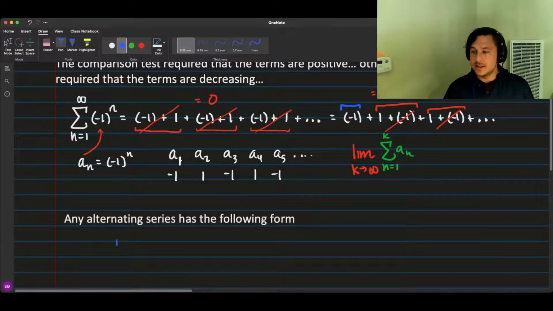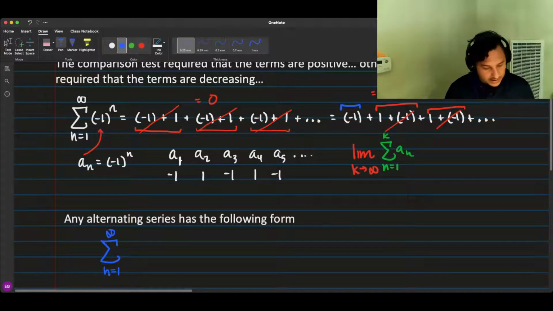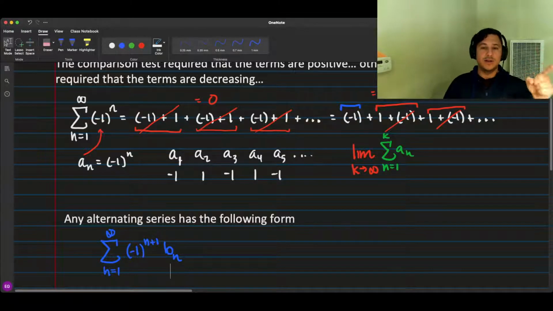You're going to have a sum from n equals 1 to infinity of (-1)^(n+1) times b_n, where b_n is some other sequence. So an alternating series means that you take some series and then you start alternating how the terms are positive or negative.